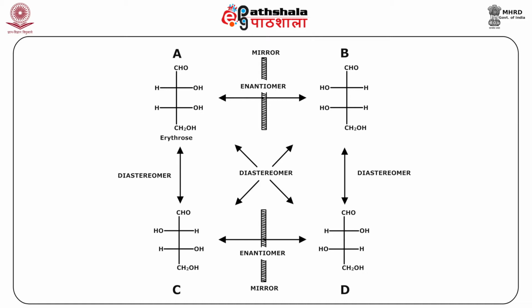Now, moving on to this figure which I have told you earlier about, you can see the relationship of this particular molecule as enantiomers as well as its stereoisomers which exist as diastereomers, and the relationship of diastereoisomerism between AC and BD as well as C and B and D and A. This is the molecule of erythrose that we are talking about.